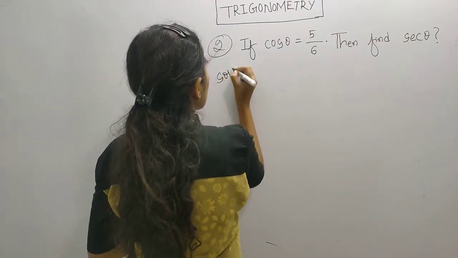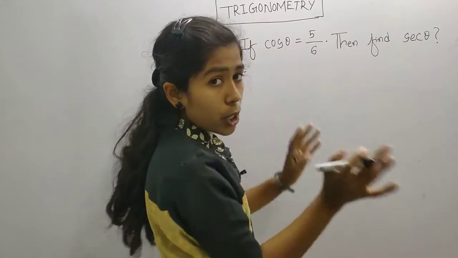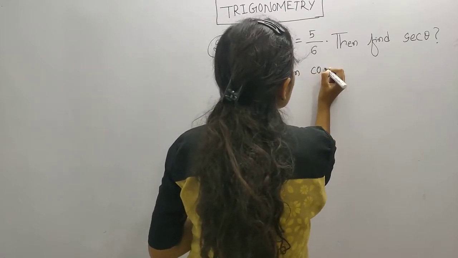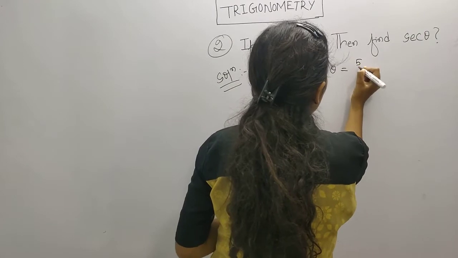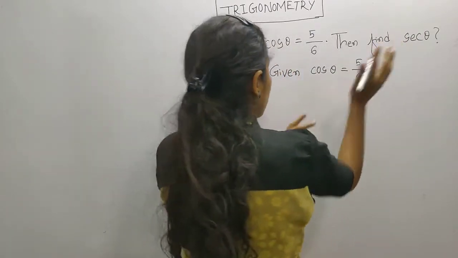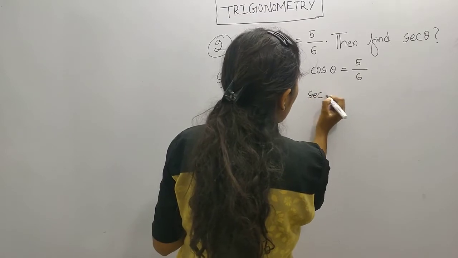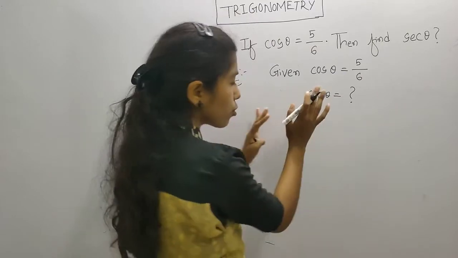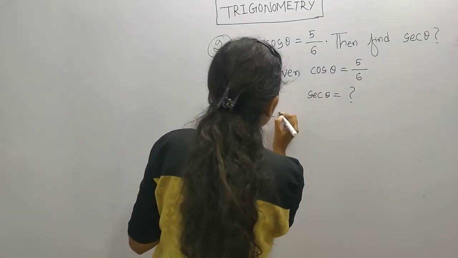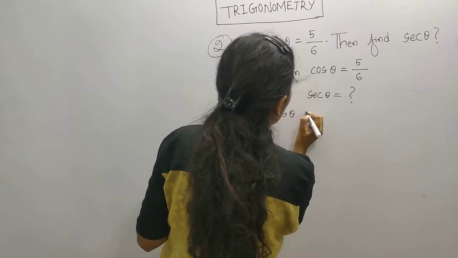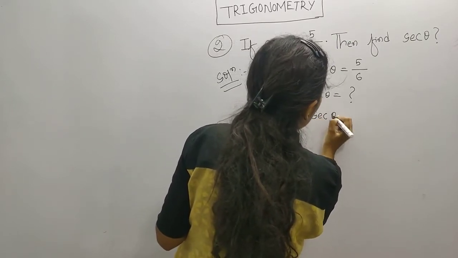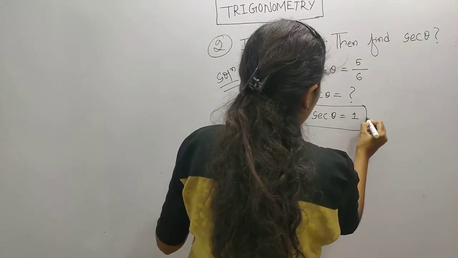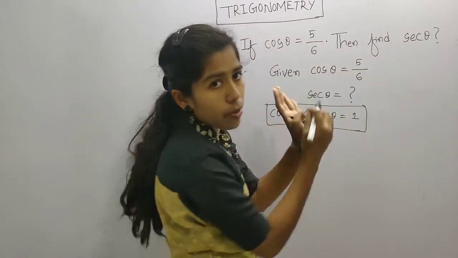So what will be the solution? First what I have told, first you have to write the given. What it's given? Given cos theta equals to 5 by 6. Yes, so it's asking sec theta. So students, then what we have to do? We have to write the relation between them. What is the relation? Cos theta into sec theta equals to 1. Right? So here it's already given cos theta.